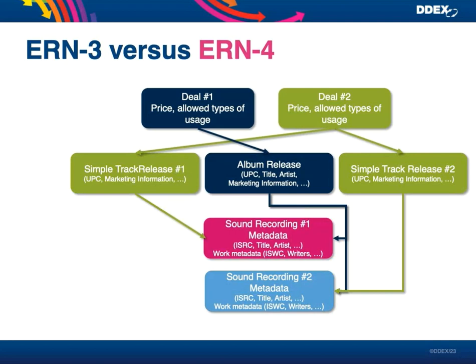First of all, we got rid of the musical work information. As I said, nobody used it anyway. The sound recording metadata has been extended to provide all the work metadata that needs to be communicated. And we also now have the track releases much simplified and streamlined.